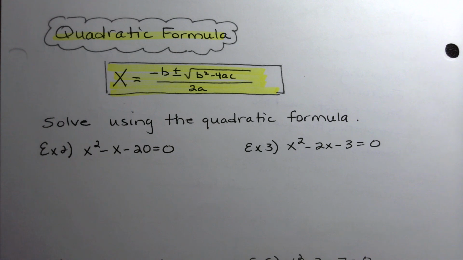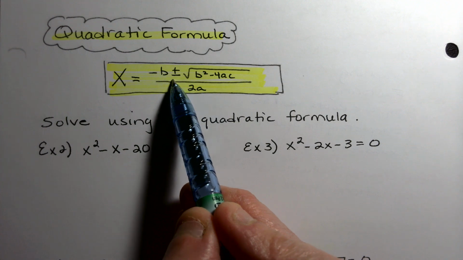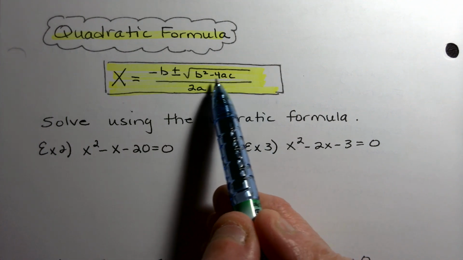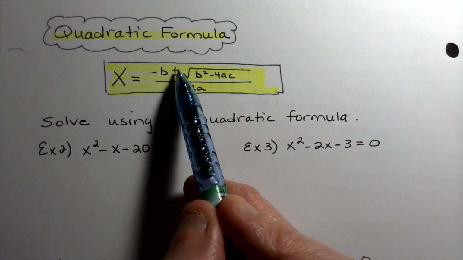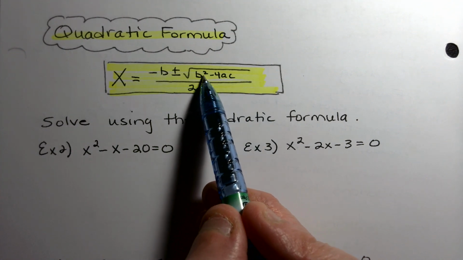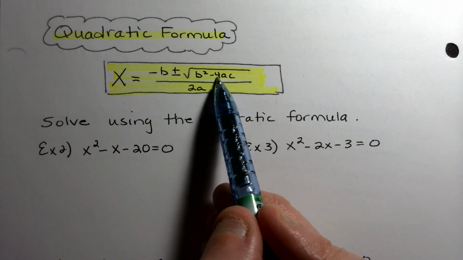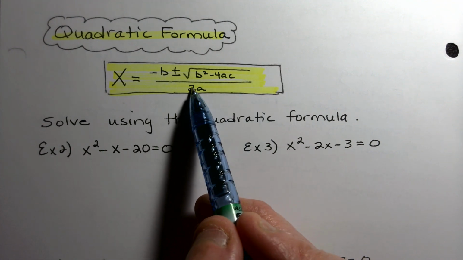Okay? But what you have to notice is this division, this fraction sign, is under all of it, not just the square root. Okay, so it's the opposite of B, plus or minus the square root, and then you notice this inside part is the what? Discriminant. And then all over 2 times A.